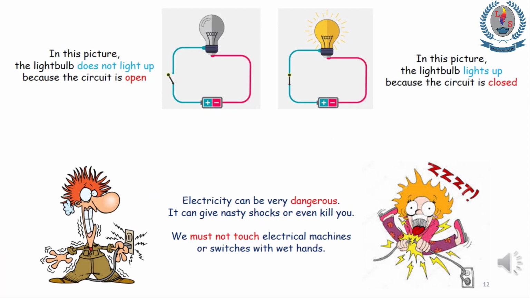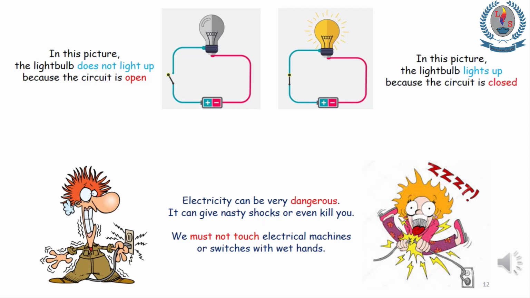So, how does a circuit work? In the first picture, the light bulb doesn't light up. That is because the circuit is open. Can you see the gap? The electricity cannot flow because there is a gap in the circuit. Look at the second picture. What do you see?